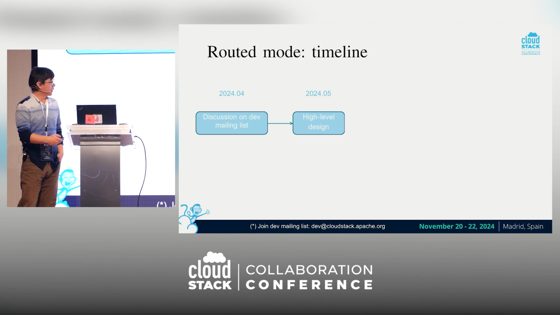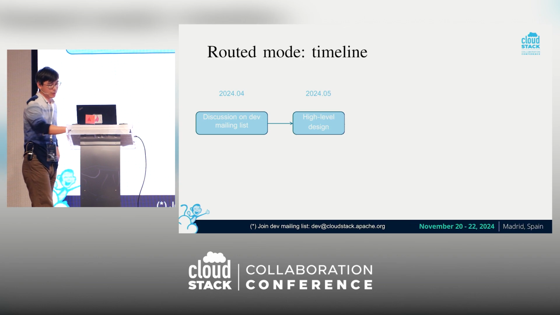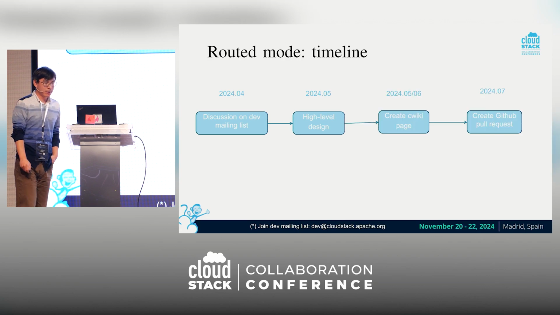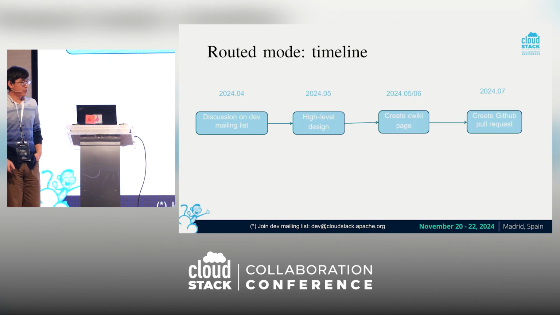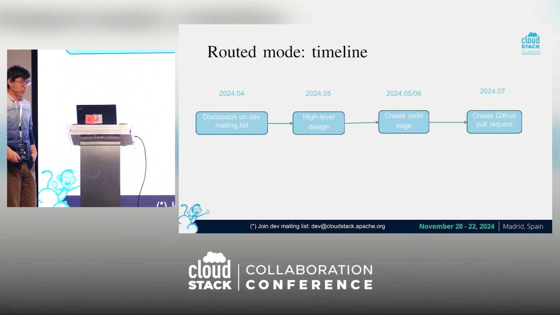So we finished the high-level design in May, and we also created a wiki page which contains a detailed design, including the API changes, database changes, UI changes, and also the workflow.